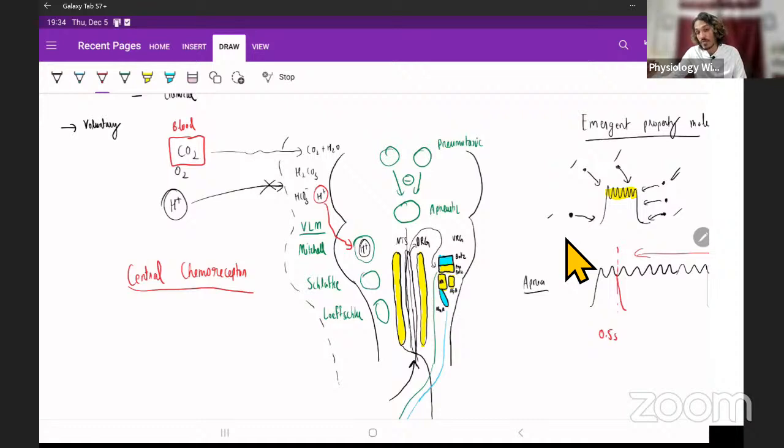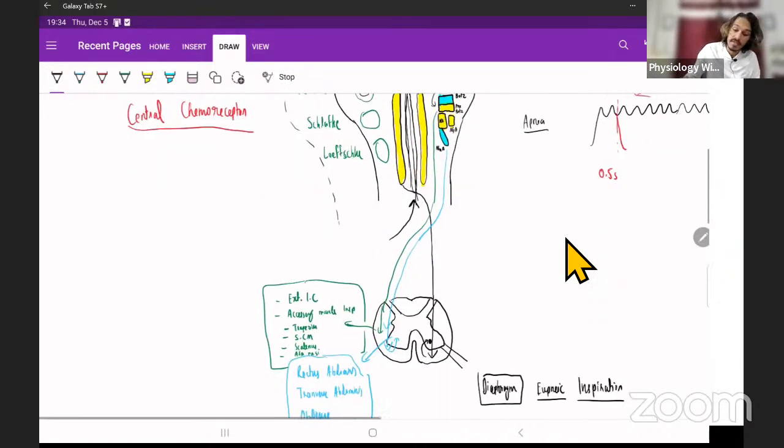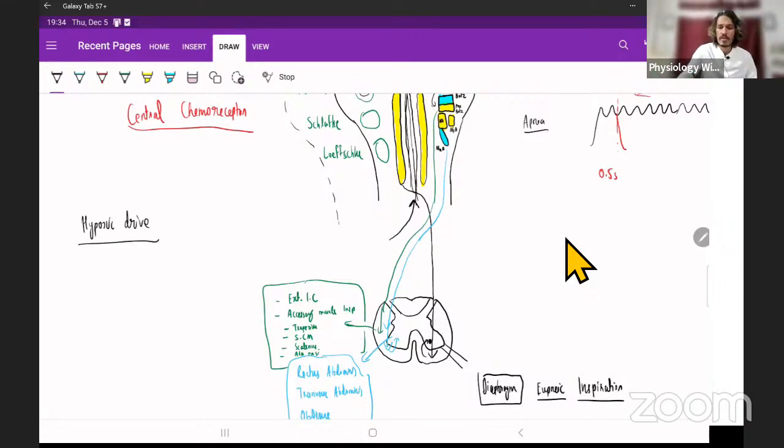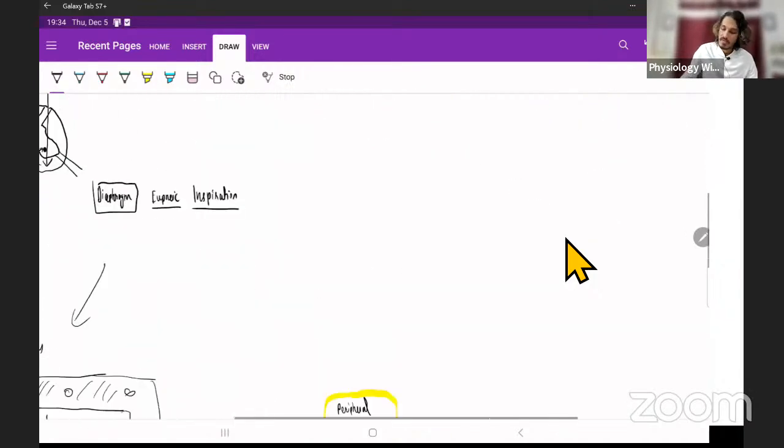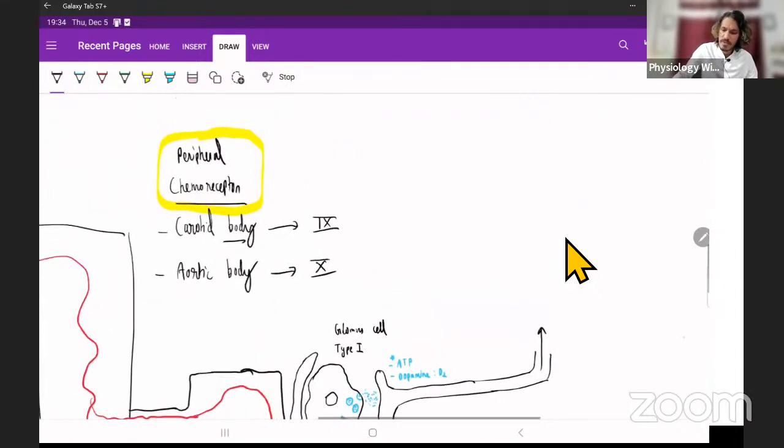This is where you have to understand another terminology, which is hypoxic drive. Generally, your central chemoreceptors are around 7 times more powerful than your peripheral chemoreceptors. Why, then, the whole point of peripheral chemoreceptors?